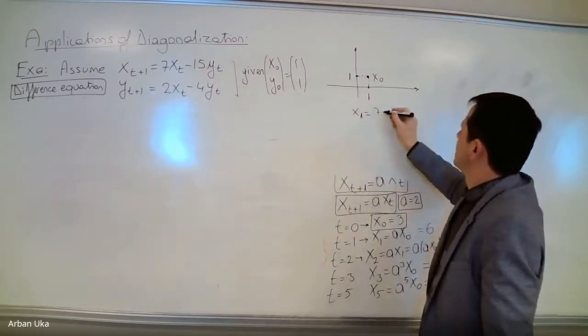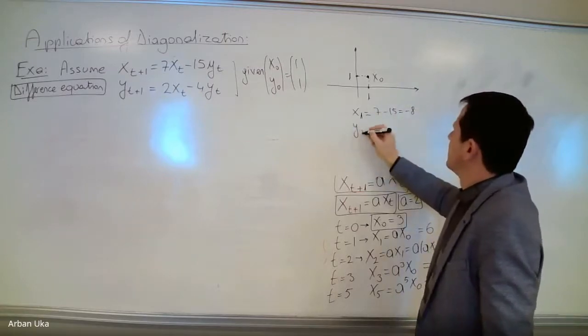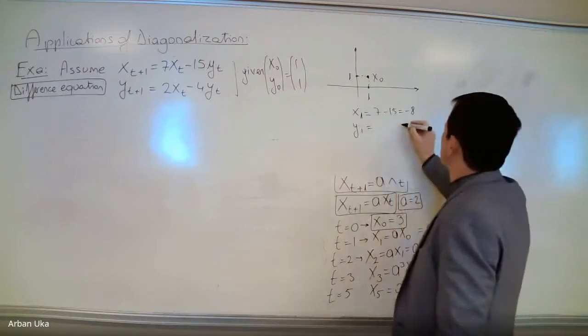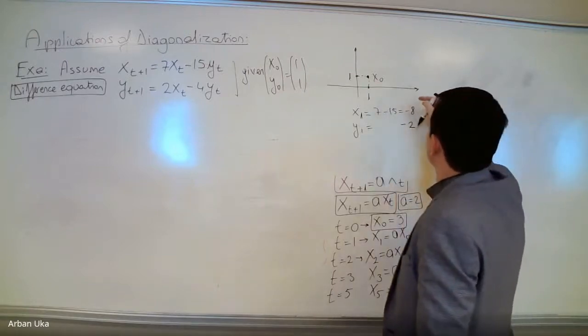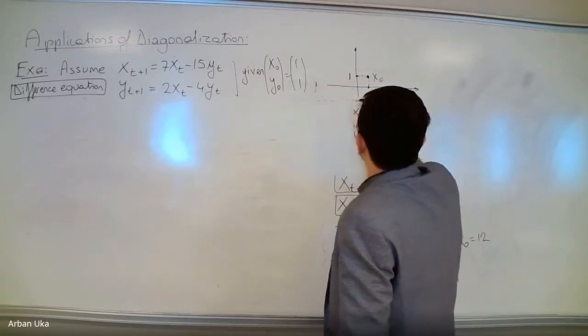So this is 7 minus 15, which is equal to minus 8. Then y1 is equal to 2 minus 4, which is equal to minus 2. Okay, we found (-8, -2). Minus 8 is going to be somewhere here, minus 2 is here. So apparently, from here we jump to here.